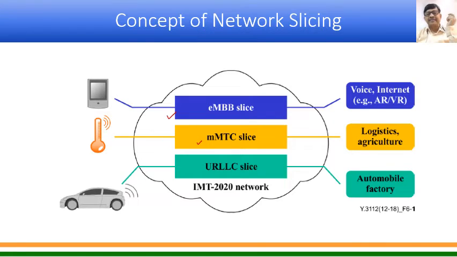The second slice can be the massive machine type communication slice. And the third can be the URLLC or ultra reliable low latency communication slice within the IMT 2020 or 5G network. The eMBB slice may be for normal voice, internet, AR, VR, etc. mMTC may be for logistics, agriculture, and URLLC may be for something like an automobile factory.